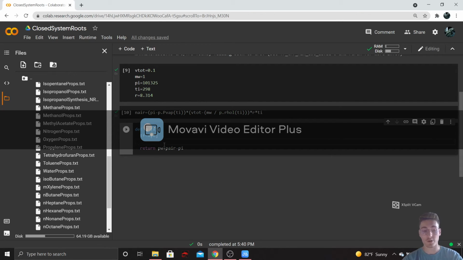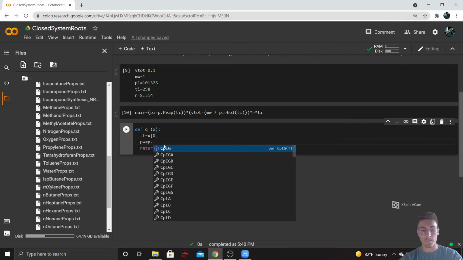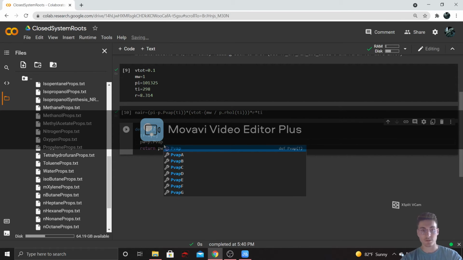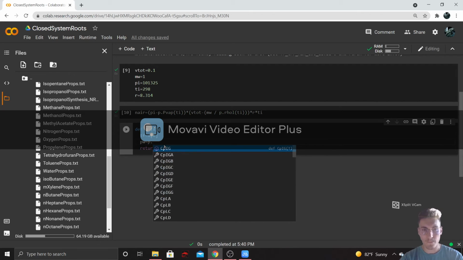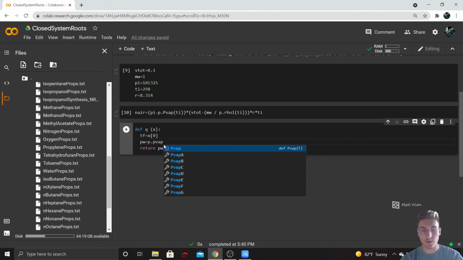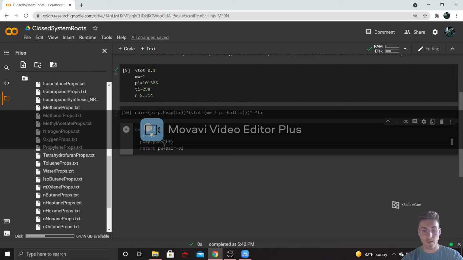So the partial pressure of water, we can set that equal to, and this is all with relation to the final temperature. So what we're going to do is our properties dot the partial pressure, PVAP at the final temperature.